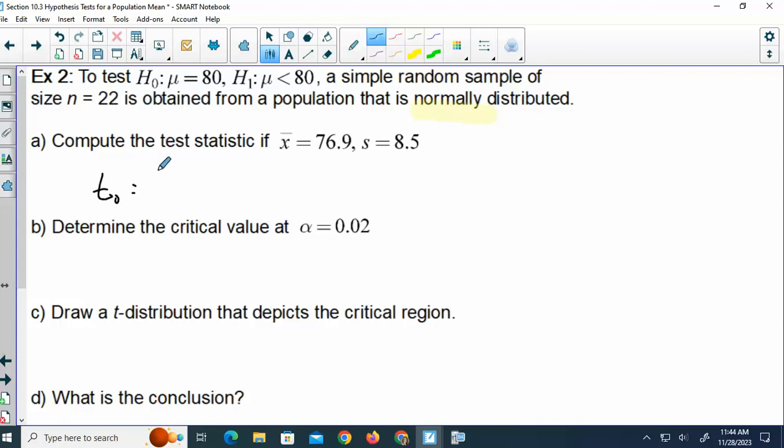So our t is, if you're looking at your formula sheet, everybody find that under chapter 10, X bar, so the mean of our sample, minus mu, the mean in the null hypothesis, divided by S over the square root of n.